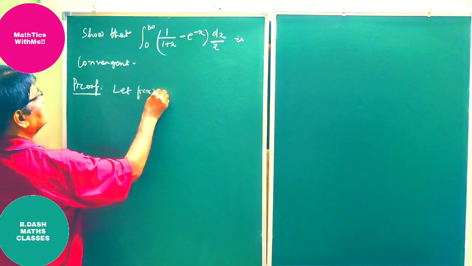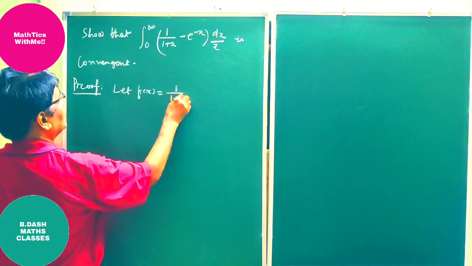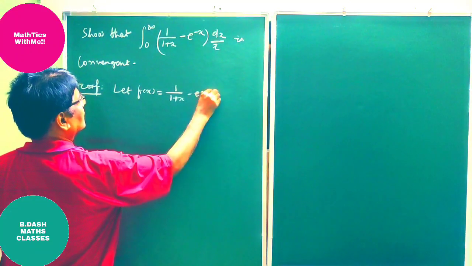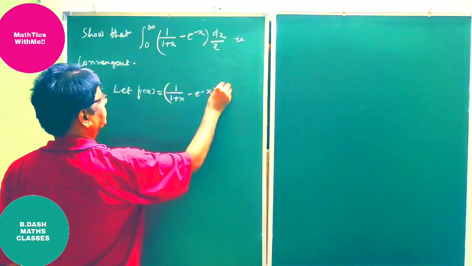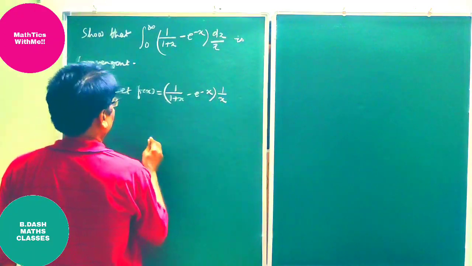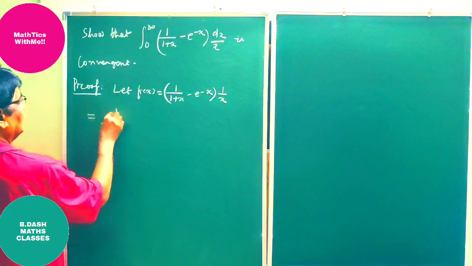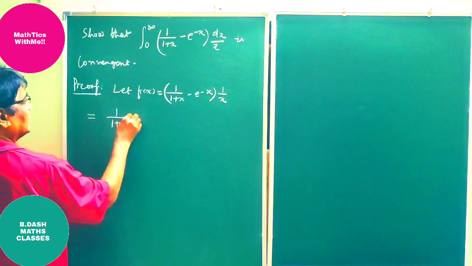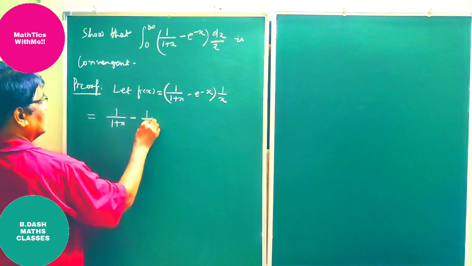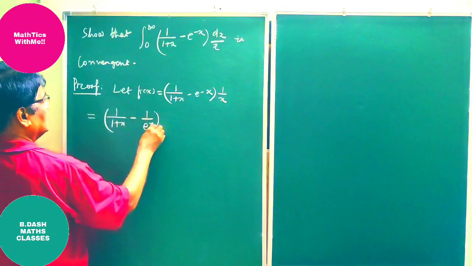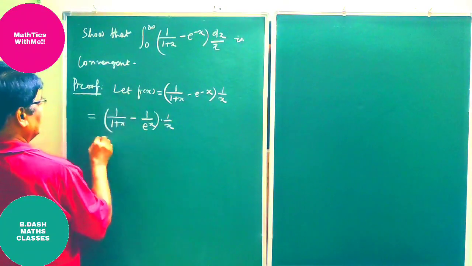Let f of x be equal to (1 by 1 plus x minus 1 by e to the power x) into 1 by x.